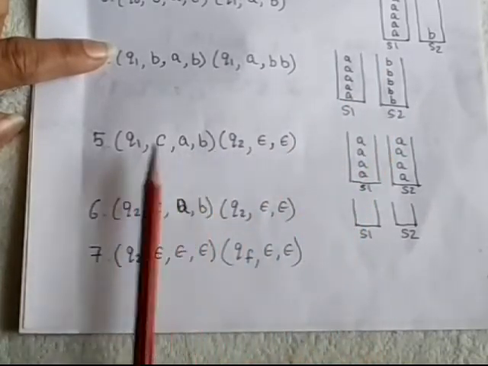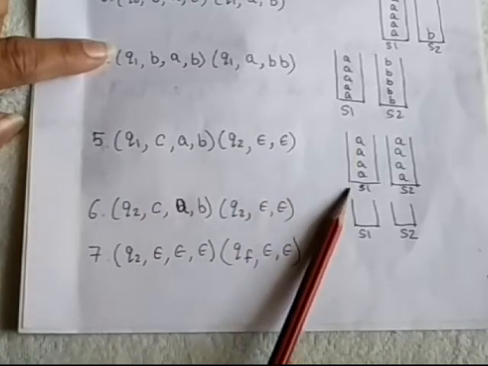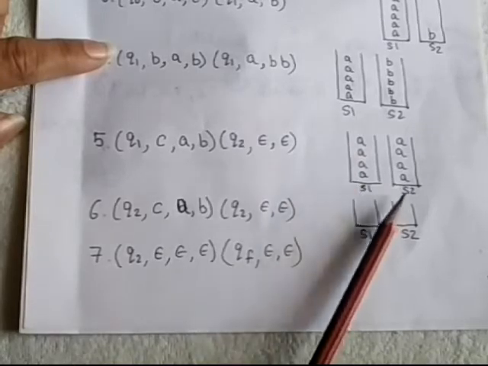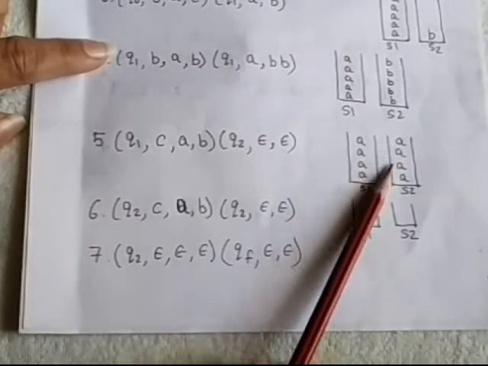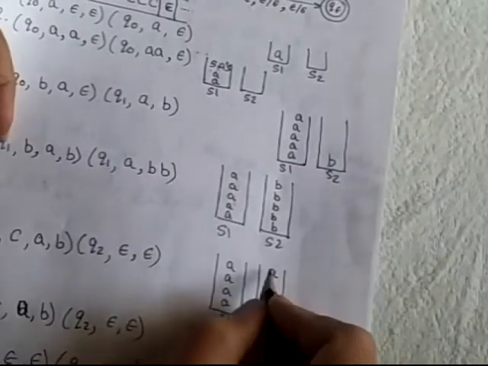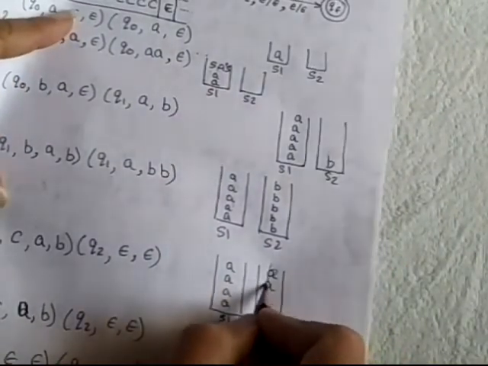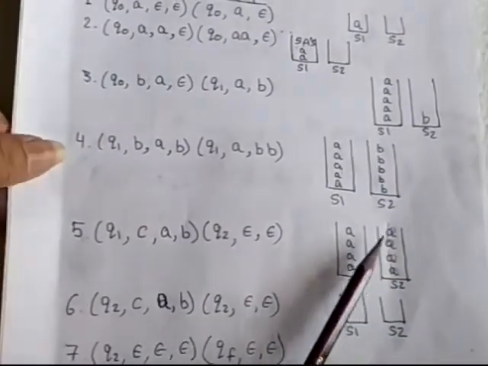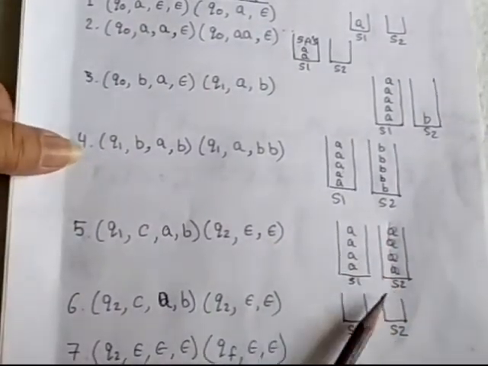After this step, in stack 1 we will have 4 A's and in stack 2 we will have 4 B's. This should be B here, not A, so make it B. So we will have 4 B's in stack 2.